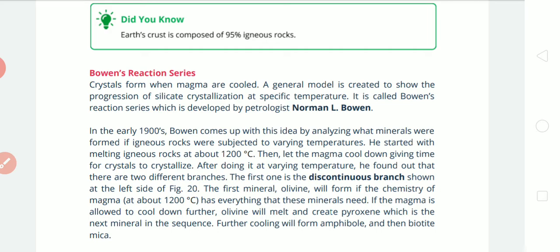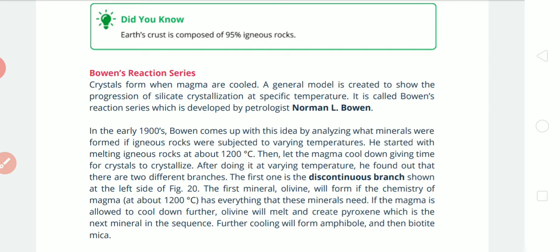So, nagwonder si Bowen class kung unsa ang ma-form if ang isa ka type of igneous rocks are subjected to different degrees of temperature. So, in that curiosity, na-create ang Bowen's reaction series.